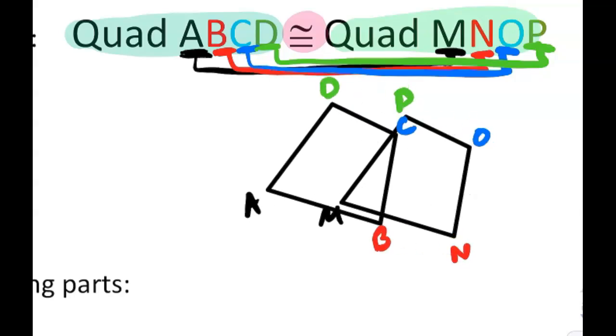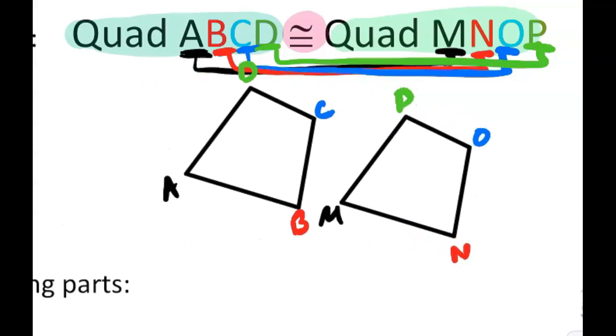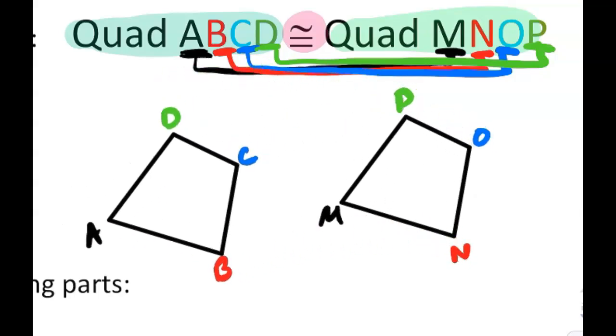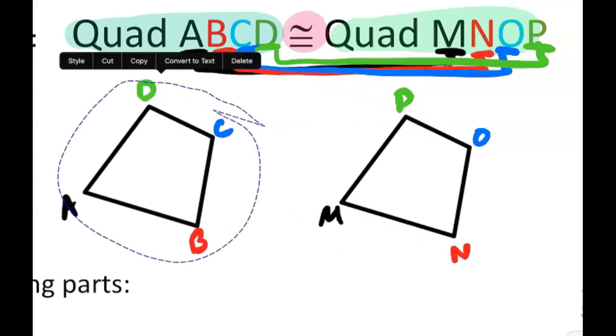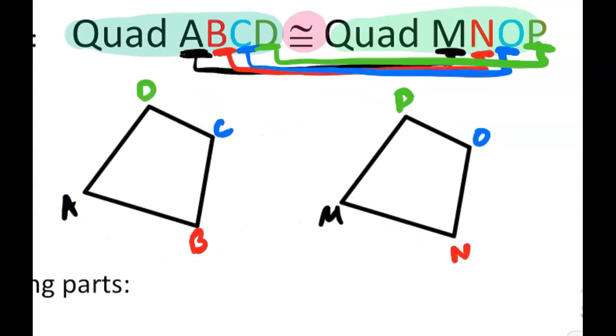So if A maps onto M, B maps onto N, C maps onto O, D maps onto P. If that's true, then this side maps onto this side, and this side matches up with this side, and this, and this, and that, and that.